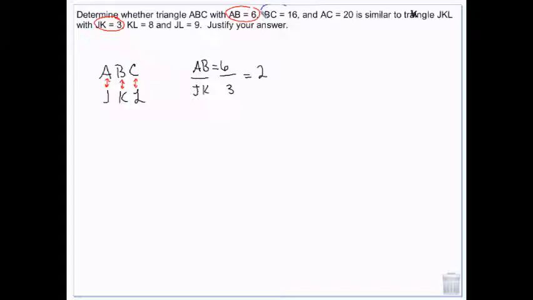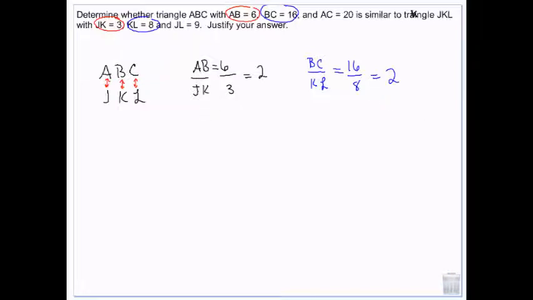And then BC, which is 16. BC is in the same order as KL, so those two go together. So that's 8, which is also 2.